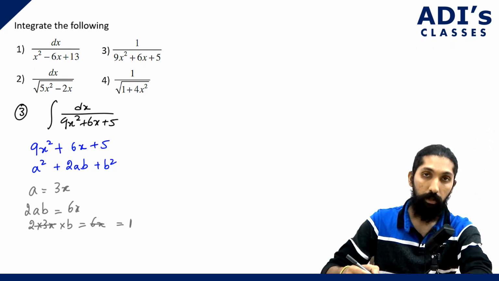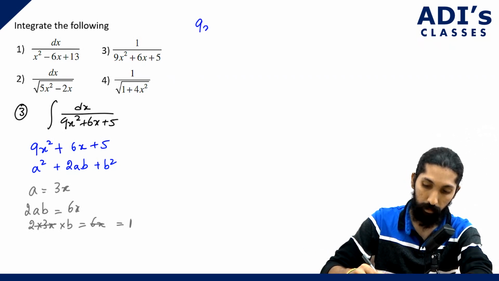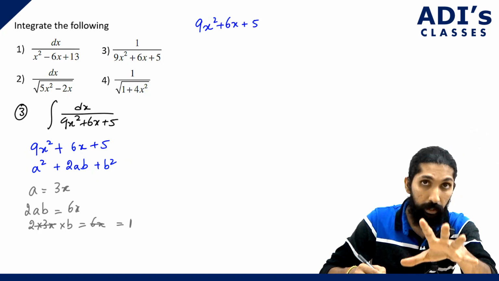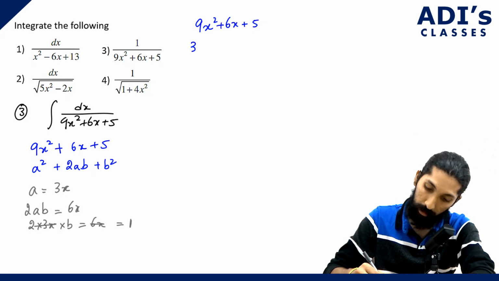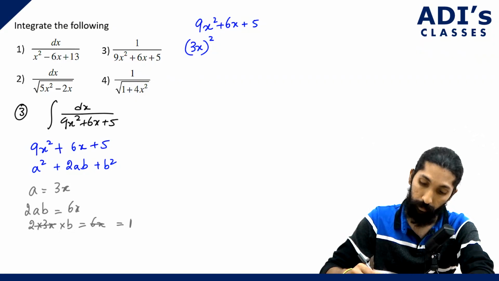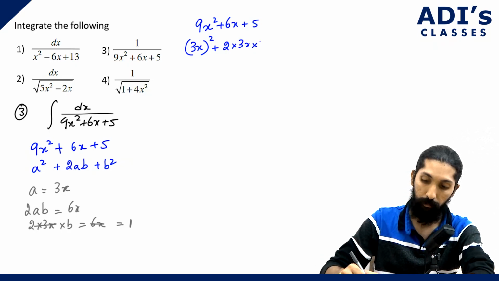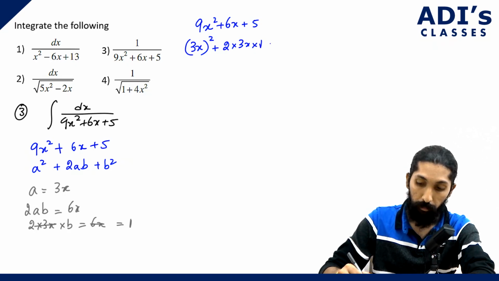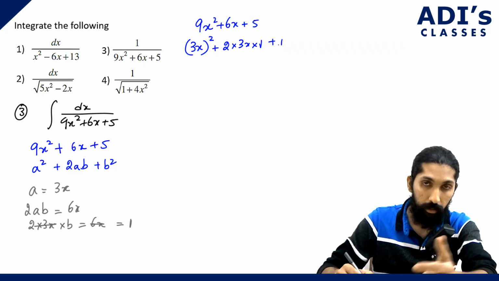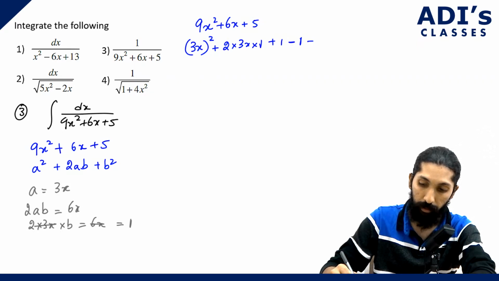That means 9x square plus 6x plus 5 we can write as 3x whole square, that's a square, plus 2ab, 2 into 3x into b value, 1, so plus 1 square minus 1 square plus 5.